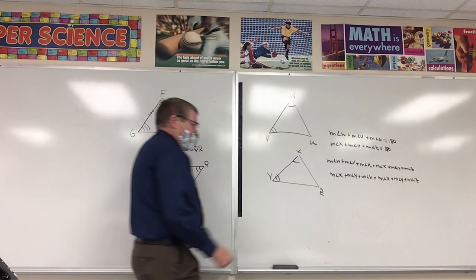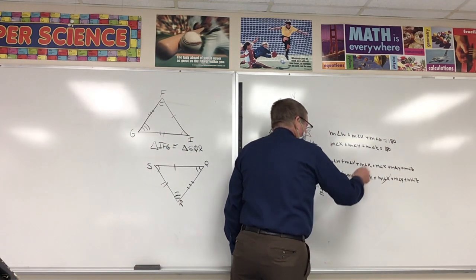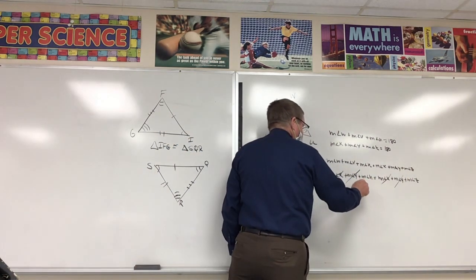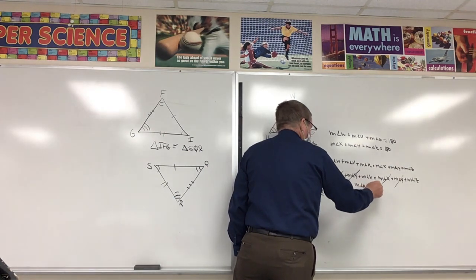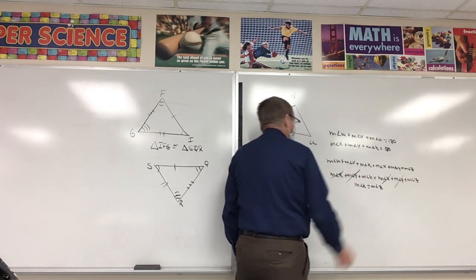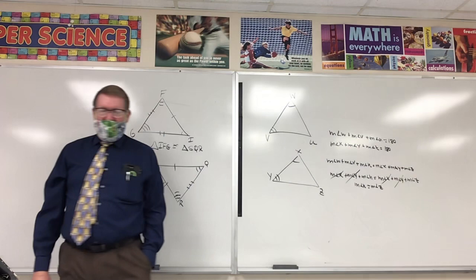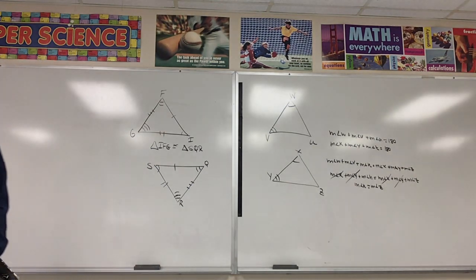And then by subtraction property, I can subtract this and subtract this. And I would have the measure of angle U equals the measure of angle Z, which proves the third angle theorem. And so that's the thought process of proving that theorem and using that.